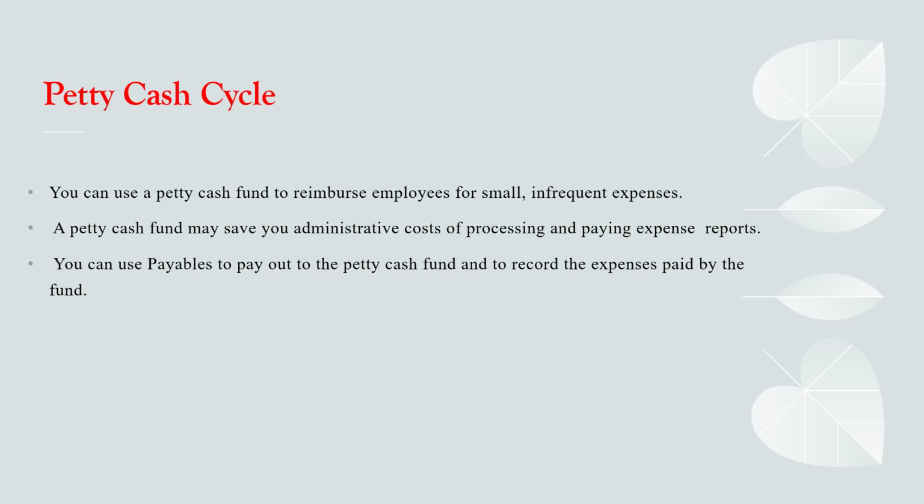You can use Payables to pay out to the petty cash fund and to record expenses paid by the fund. You start with a prepayment invoice, fully pay it, then register standard invoices for the expenses, then apply and unapply the prepayment.